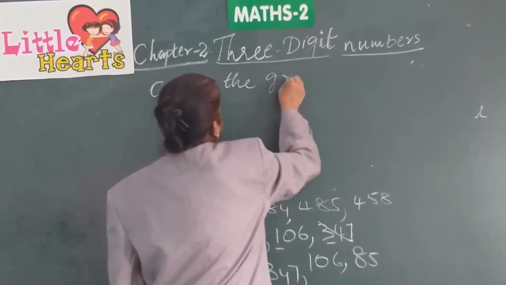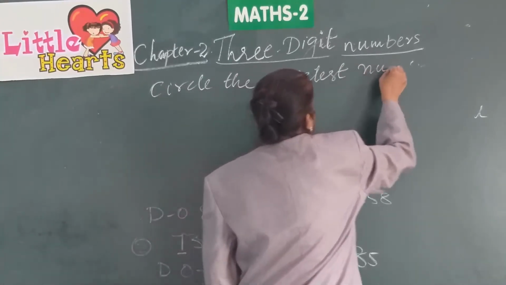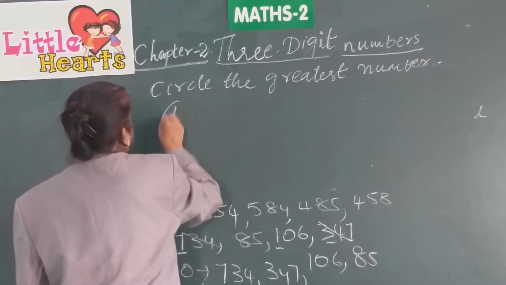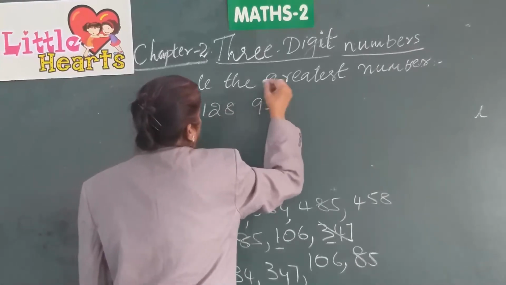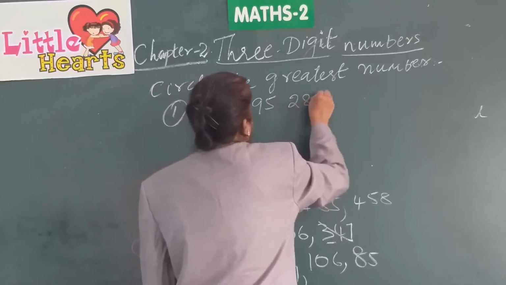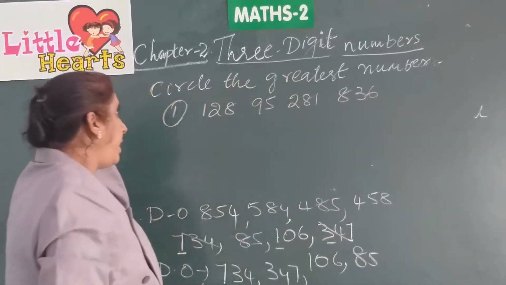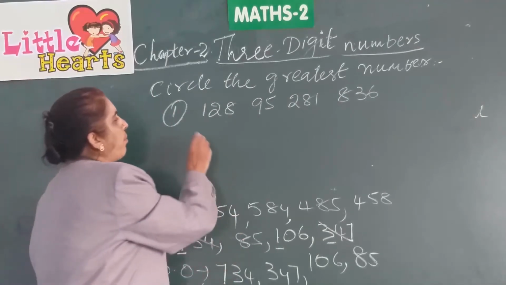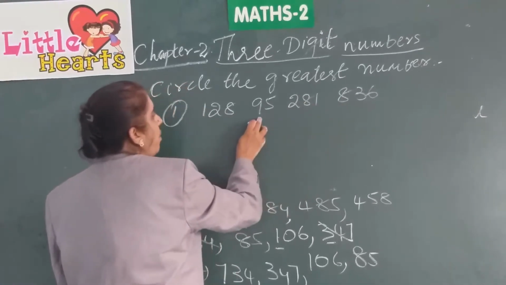Circle the greatest number. So, among this set, which is the greatest number you have to circle? Check the number of digits. These three numbers have 3 digits and this has 2 digits.